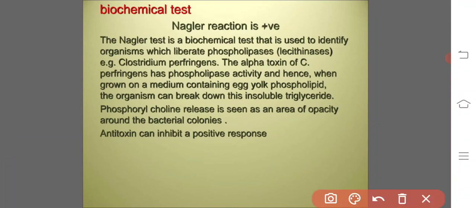Nagler reaction is a biochemical test that is used to identify organisms which liberate phospholipases or lecithinases, for example Clostridium perfringens.